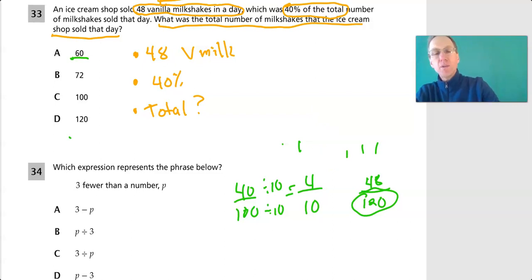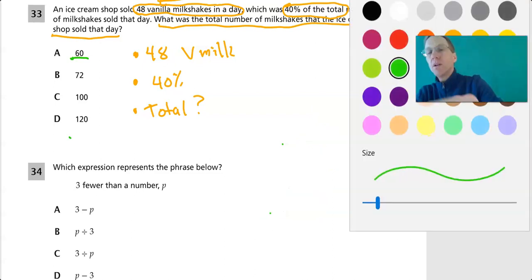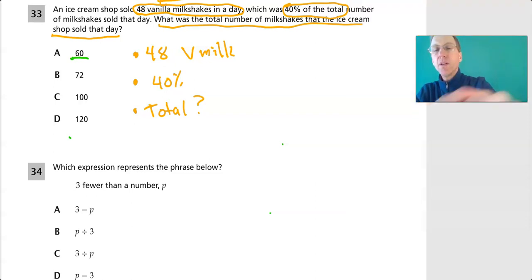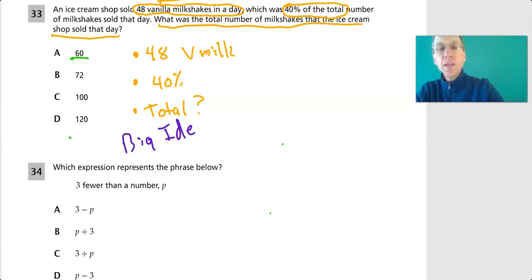Ooh, hold on, let me pause this. Let's get a different color here. So another big idea is that numbers can be fractions, they can be percents, and they can be decimals. So the decimal form here, this is supposed to be a D for decimal.